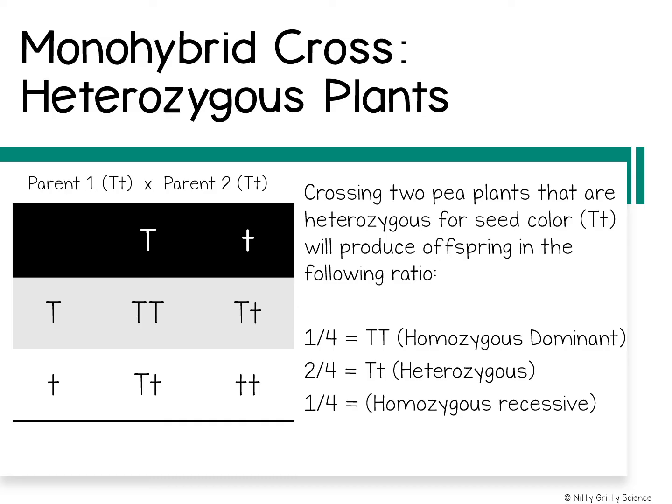Because capital T capital T and capital T lowercase t represent the same phenotype, which is tall, the offspring can only have one of two phenotypes, tall or short. The ratio of phenotypes is written 3 to 1. Therefore, about 75% of the offspring of the cross between two heterozygous pea plants will be tall, and 25% of the plants will be short.